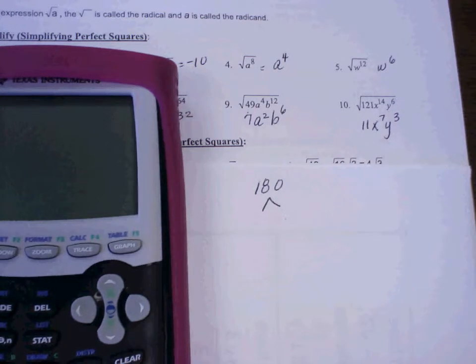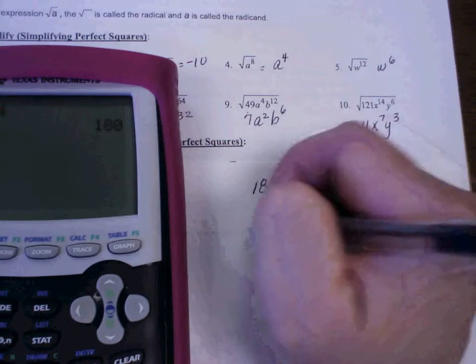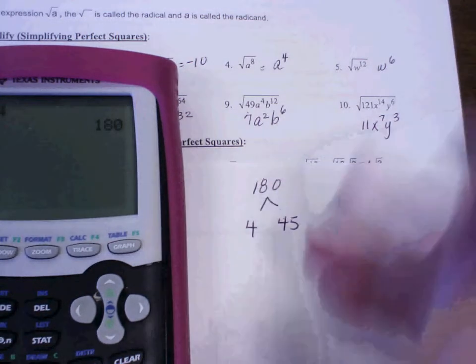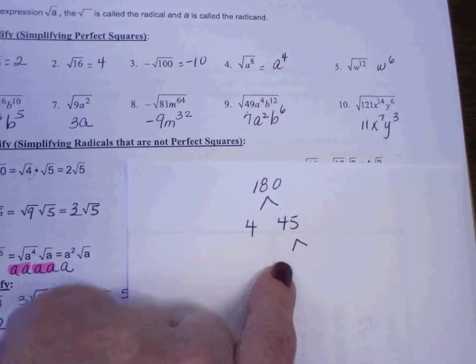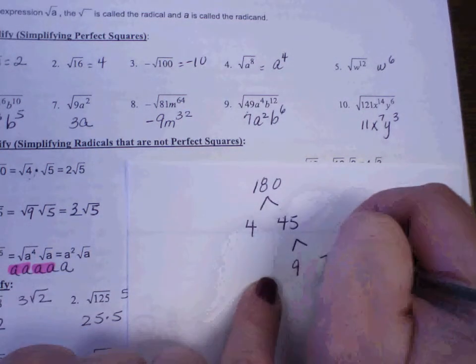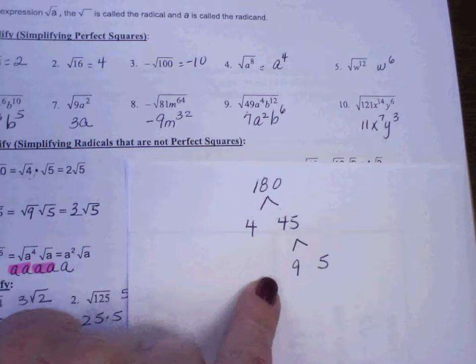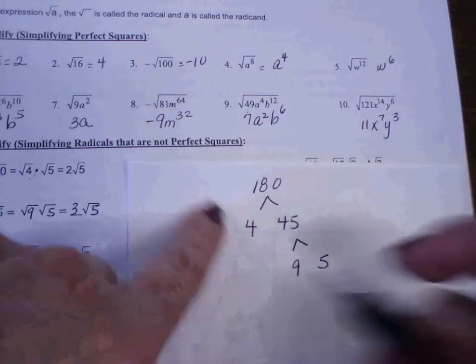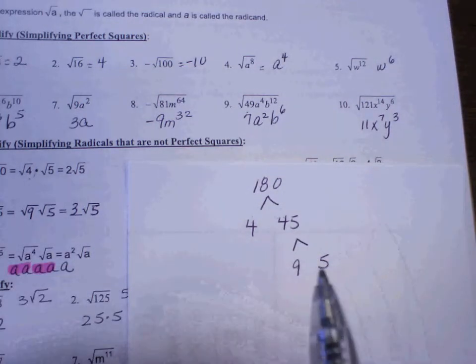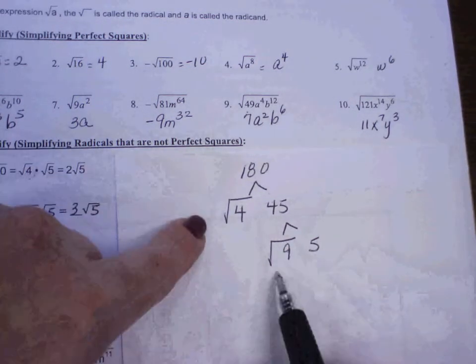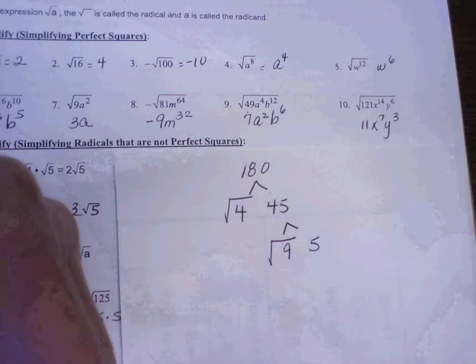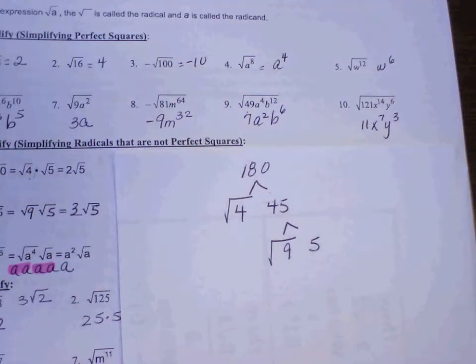Let's see. 45 times 4 will be 180. Which one has a perfect square? But 45 has another perfect square. 9 and 5. Yay? So there's a bigger number than 45. It's okay. If you don't know, it's okay. As long as you can realize that it has another one, you're good to go.